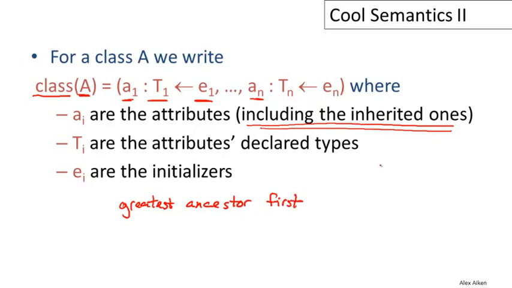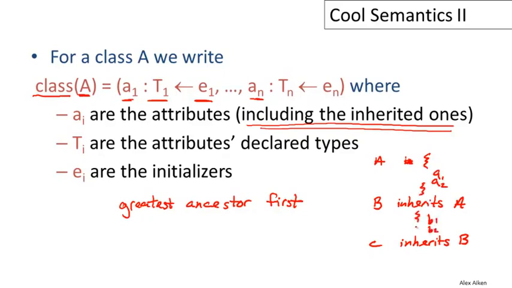What do I mean by that? Let's say that we have three classes, A, B, and C. B inherits from A, and C inherits from B. Let's say that A defines two attributes, A1 and A2, B defines two attributes, B1 and B2, and C defines two attributes, C1 and C2.